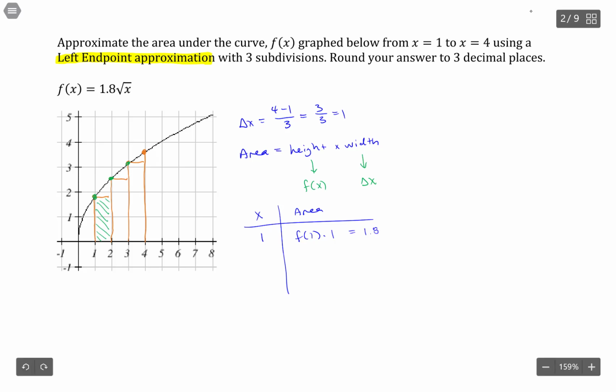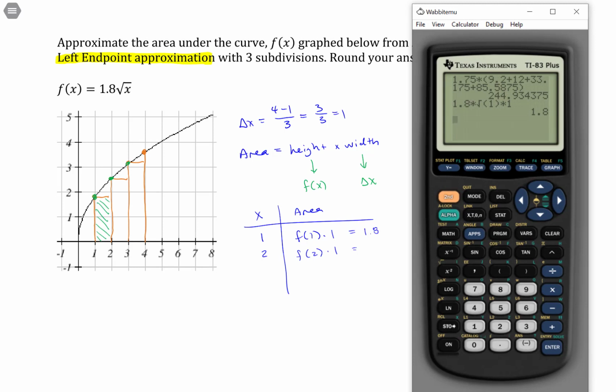Now, the next rectangle, the height of the rectangle is defined where x is 2. So we're going to compute f of 2 and then multiply that by the width. And since that's 1, it's obviously not going to change anything, so it's really just 1.8 times the square root of 2. So 2.546, let's just go a few decimal places here.